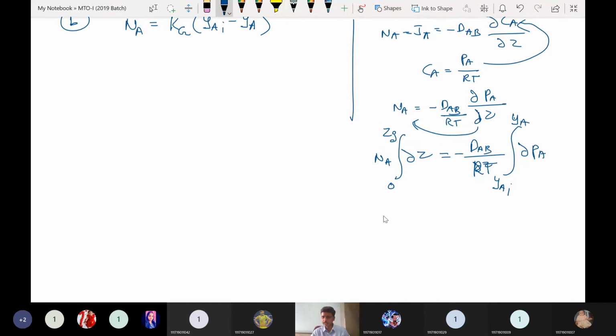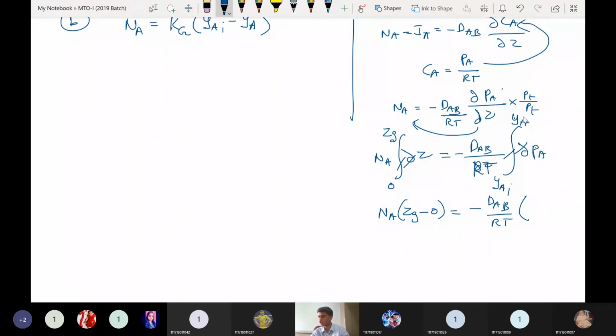So this is integral, derivative cancels. Upper limit minus lower limit, ZG minus 0 is equal to minus DAB by RT into upper limit, okay, this is PA. PA also we can convert into mole fraction by just multiplying and dividing with PT.